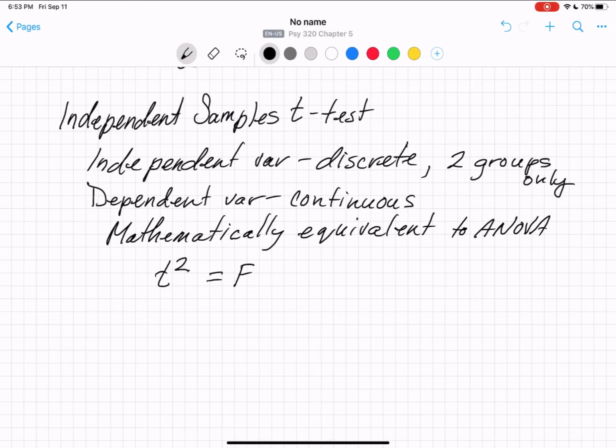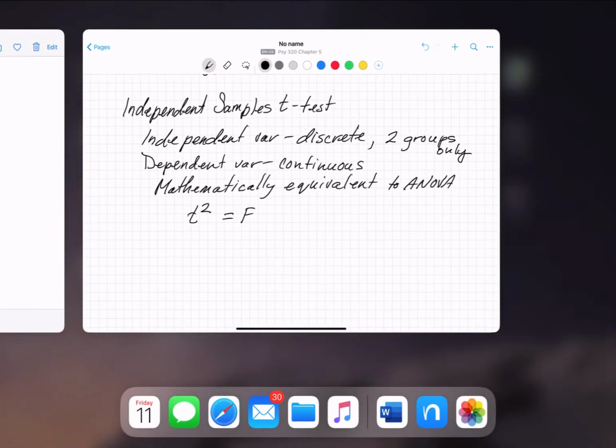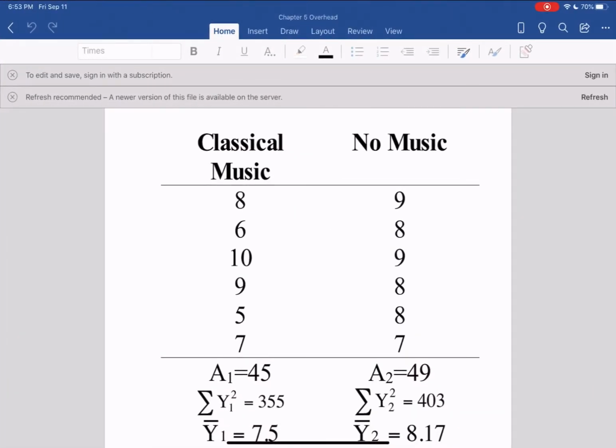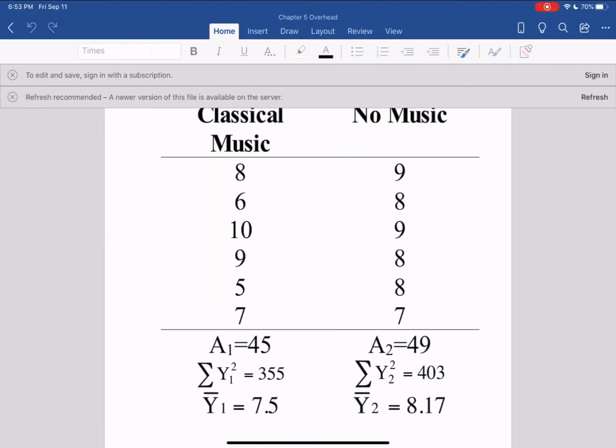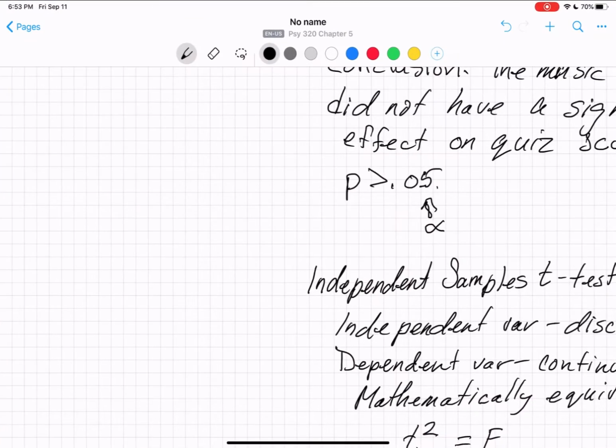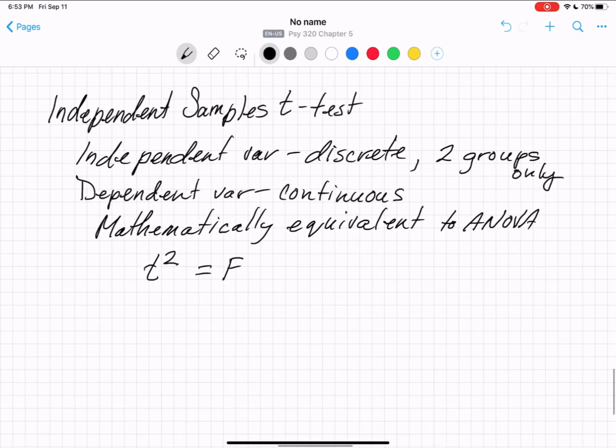All right, so just to remind you, we're going to use the same data, the classical music versus no music, and the quiz scores. So the same exact data that we used in the complete example for ANOVA. And so we're going to start out with our hypotheses.